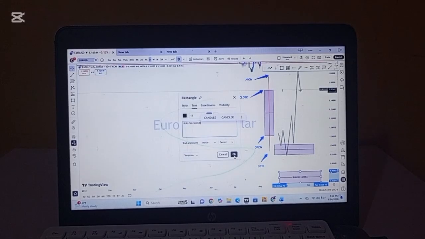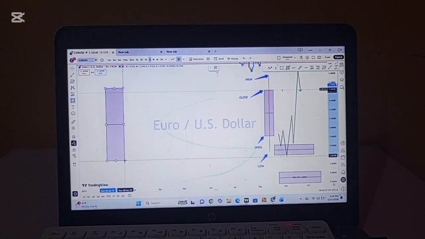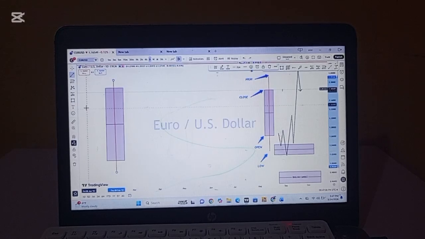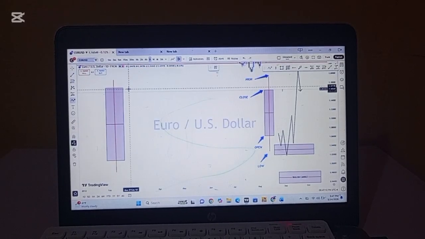Okay. Now for the bearish candle, it is still the same. This is the candle for the bears. Now what happens for the bears? Let me just drop something like this. The bears is still the same thing. We open like that.